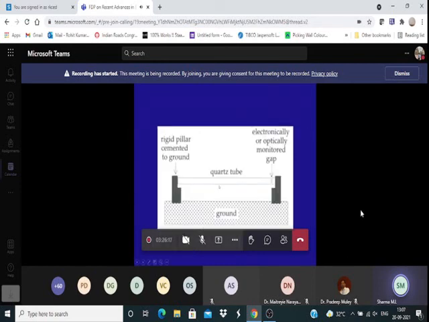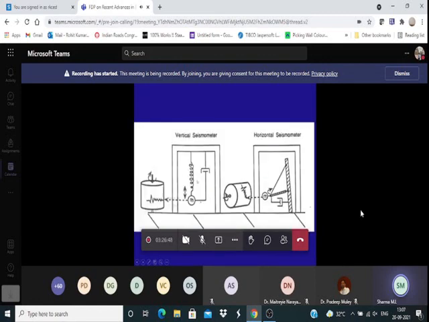Then there is a zero frequency seismology also, where you want to know between the two pillars what is the deformation or the displacement. For that, you either go for the quartz tube arrangements, or the tilt meters for the vertical arrangements. But more scientifically, what you have to do is put the damping also.